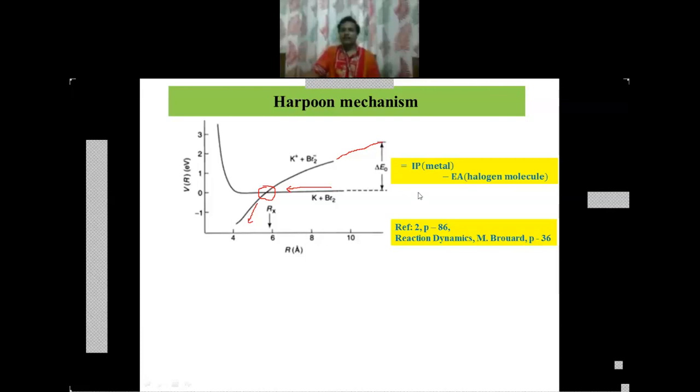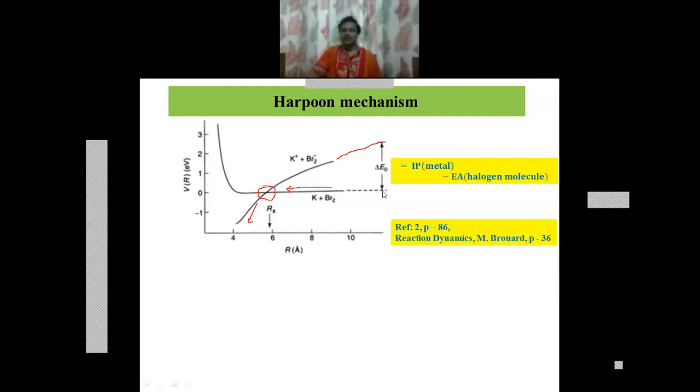Again, the annotation is not working, but yes. So that is delta E. Delta E is the endothermicity, or endoergicity, whatever you say.